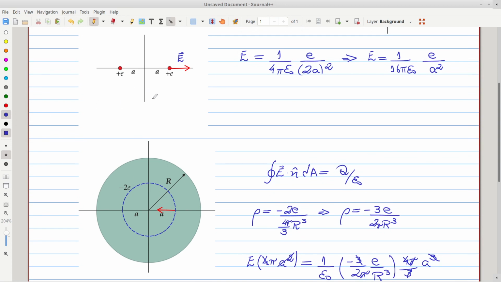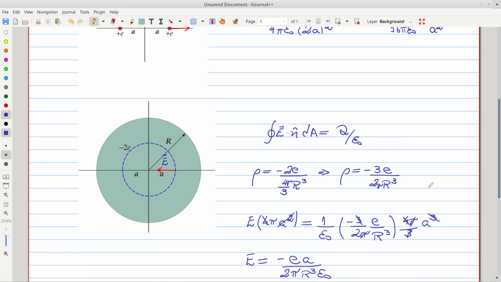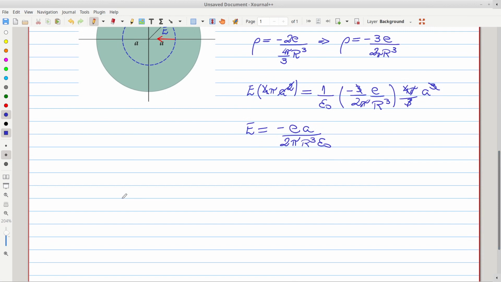Now we only have to consider both electric fields. What we want is that the magnitude of the net electric field be 0, so the net force will be 0. So it's only necessary to consider that the magnitudes of both electric fields will be equal.